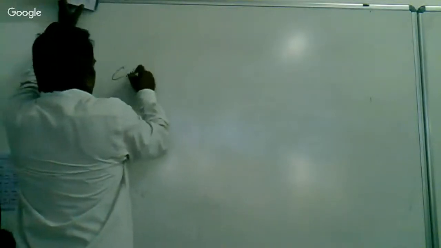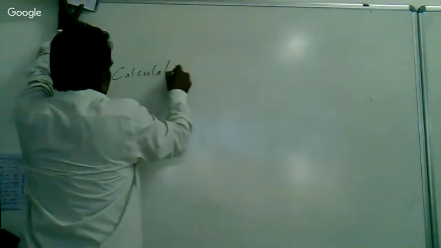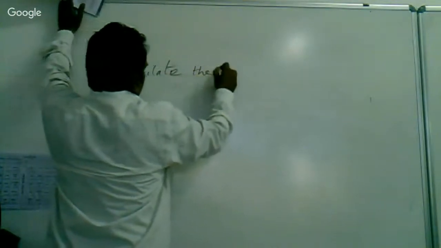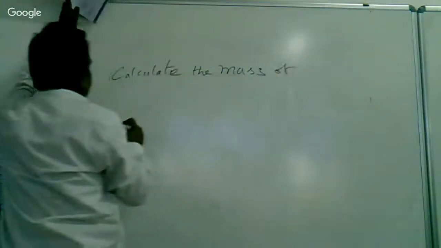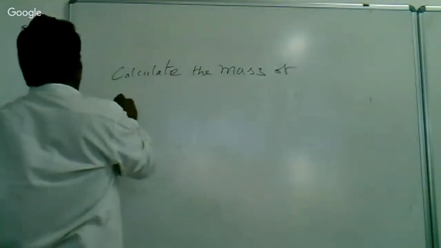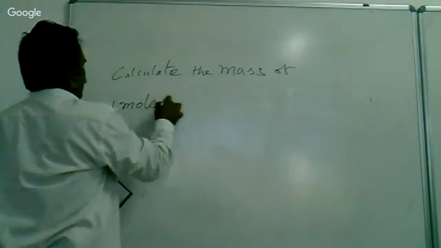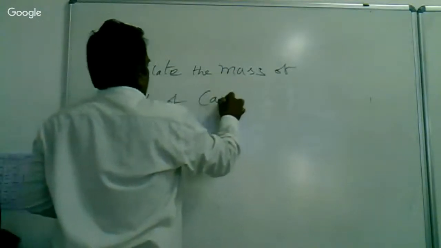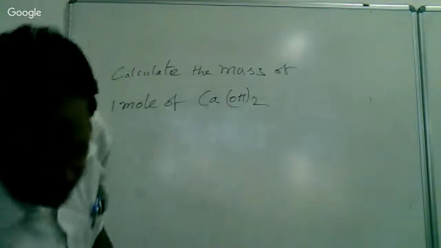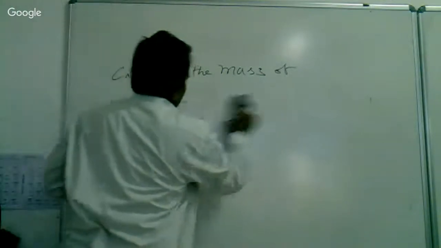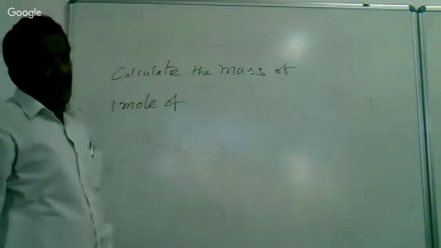So calculate the mass of 1 mole of calcium hydroxide. And every time they may not be giving the formula, they will just give the name. You know how to write the formula.